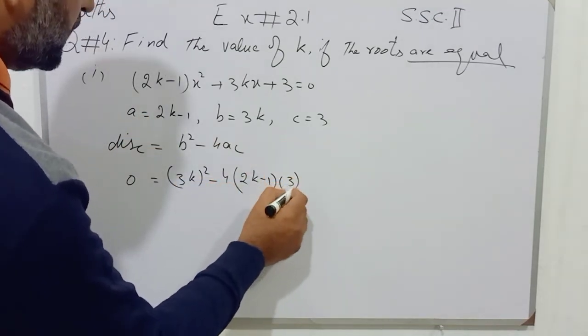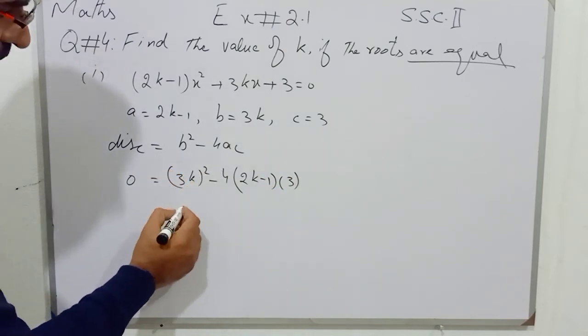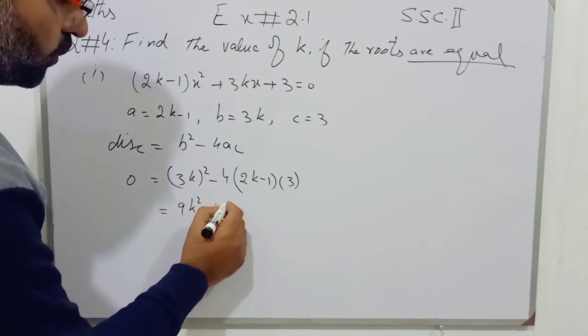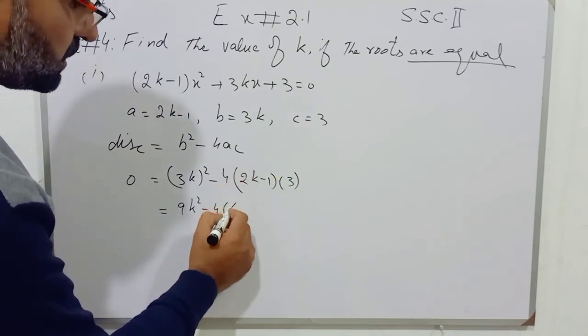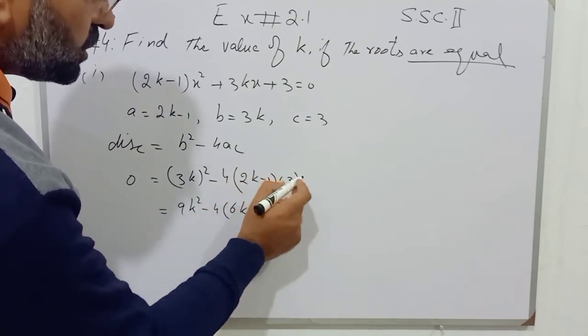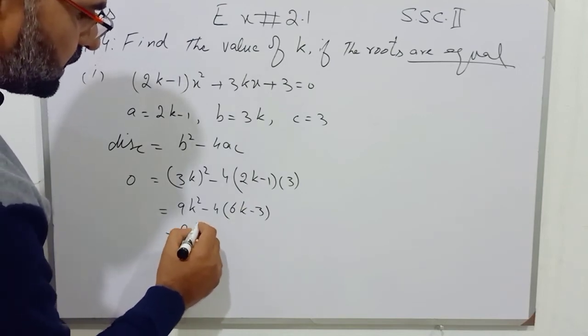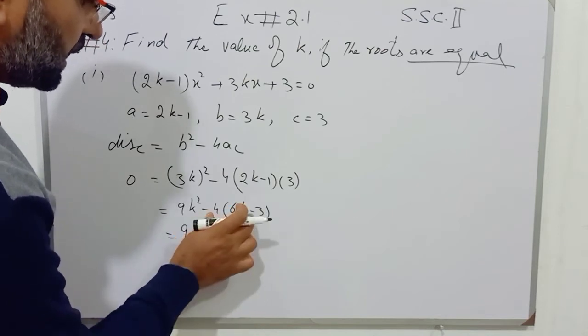Now we will simplify. 3k whole square means 9k square minus 4 into 2 multiplied by 3 means 6k minus 3 ones are 3. Now it will become 9k square minus 24k. This minus and this minus will become plus.